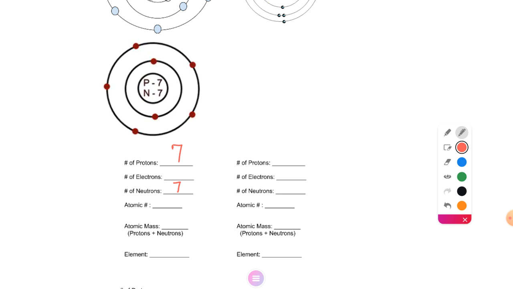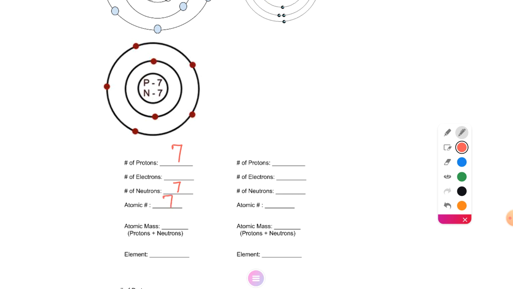You take protons plus neutrons. Hold on, that's atomic mass. Where do I find my atomic number? From the number of protons. If you look up on protons, the last thing we wrote is it's the same as the atomic number. So if your number of protons is 7, your atomic number is 7.